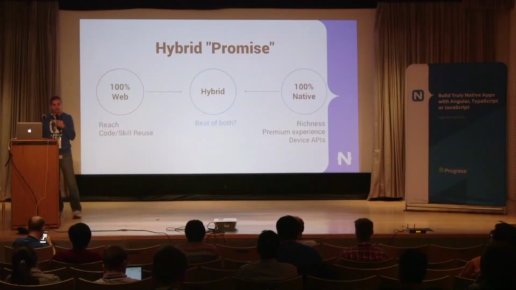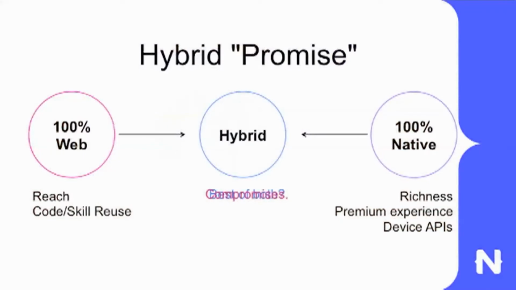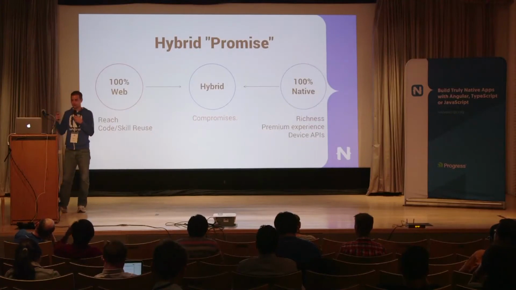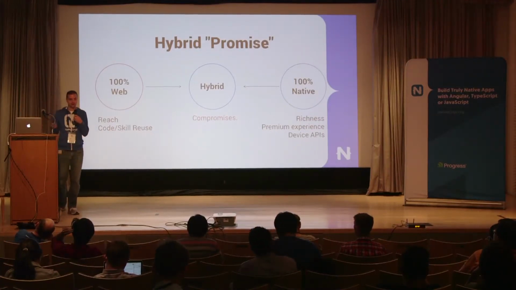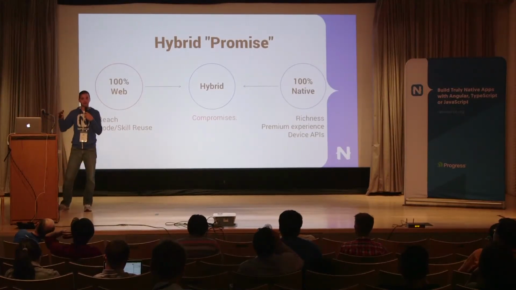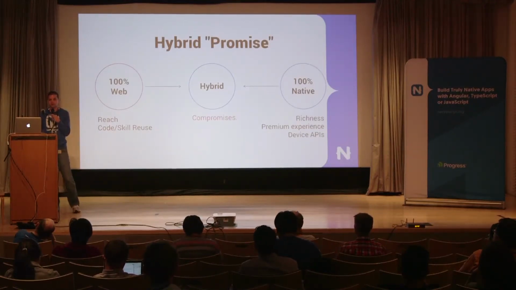So looking at hybrid in particular, by hybrid I mean Apache Cordova, hybrid's really the reason that this family of JavaScript native frameworks exists today. And I've been involved in the hybrid approach for a long time. The hybrid model really preaches this 100% reuse of your web skills, right? Which is amazing. It also preaches this 100% reuse of or access to native device features, which is also awesome.